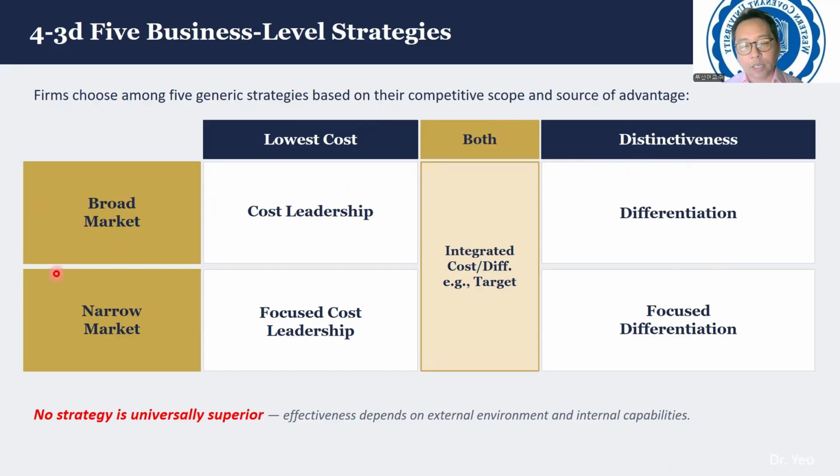The target market is divided into broad versus narrow. So these are the two dimensions. Broad market plus lowest cost is called cost leadership. They serve everyone who wants the lowest price.